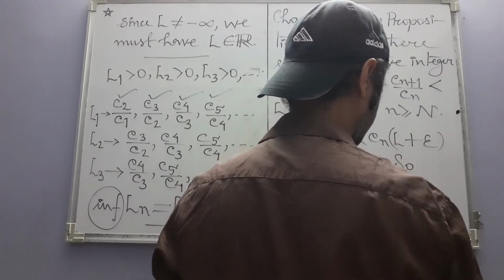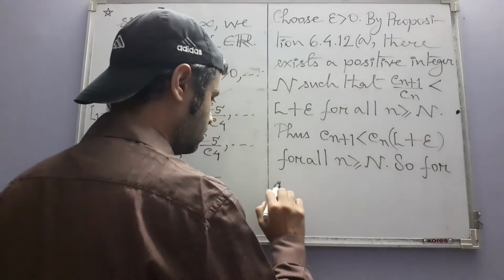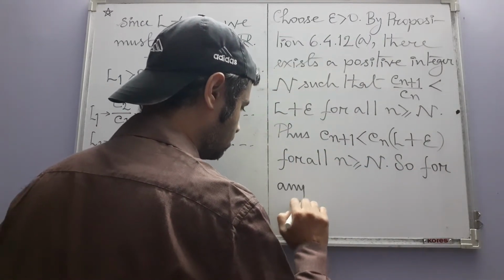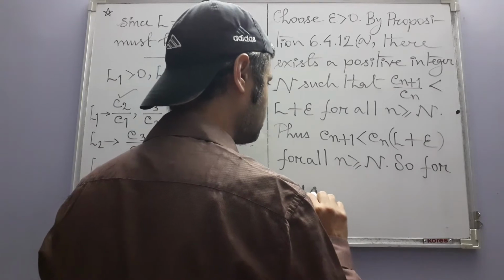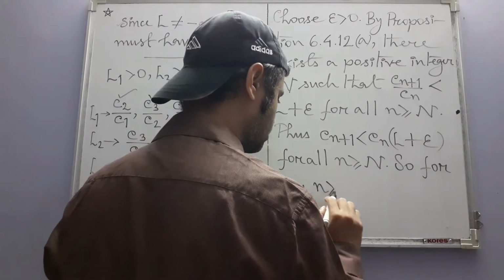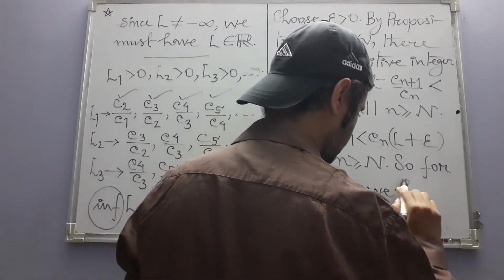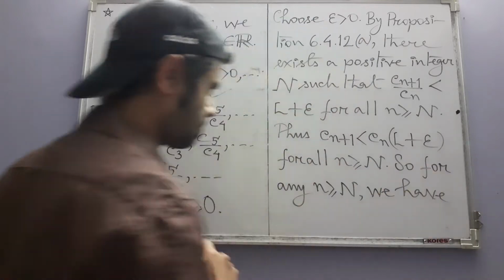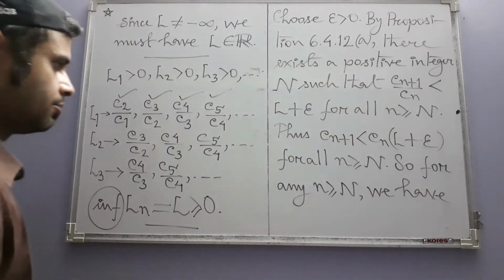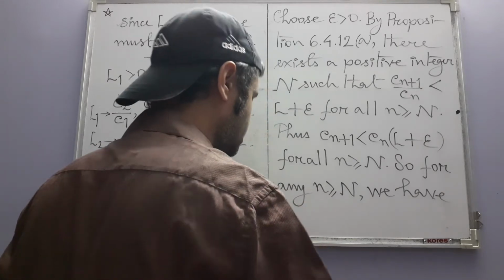So for any n greater than or equal to N, we have, okay, now we are going to write something that looks like this.